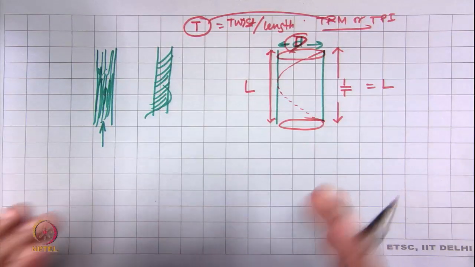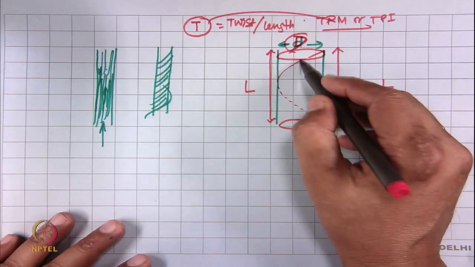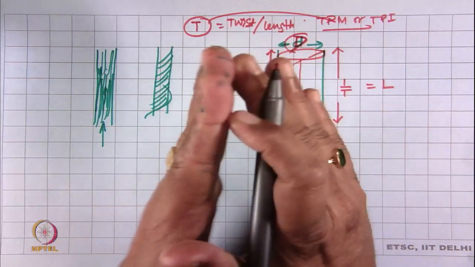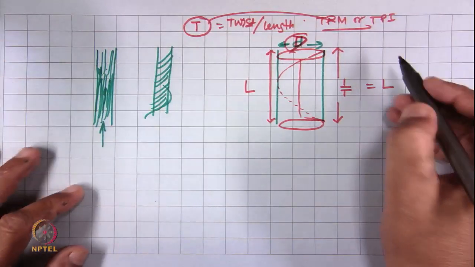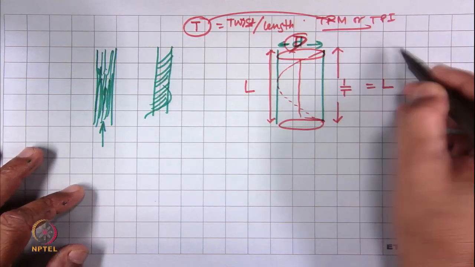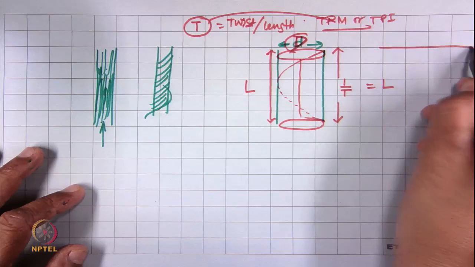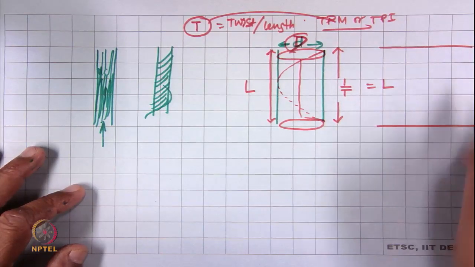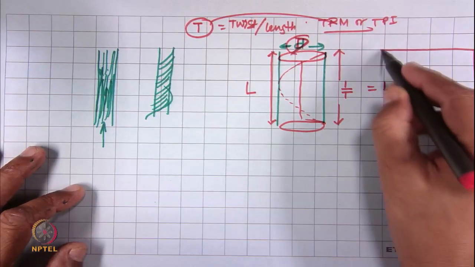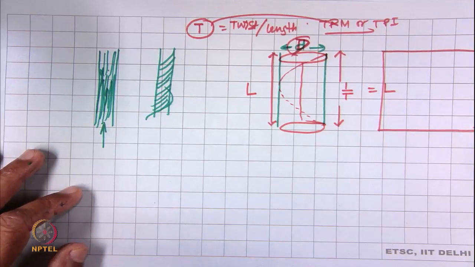Now, imagine we are just opening up this portion. So, we are making it flat, it is opening. This is the situation here.